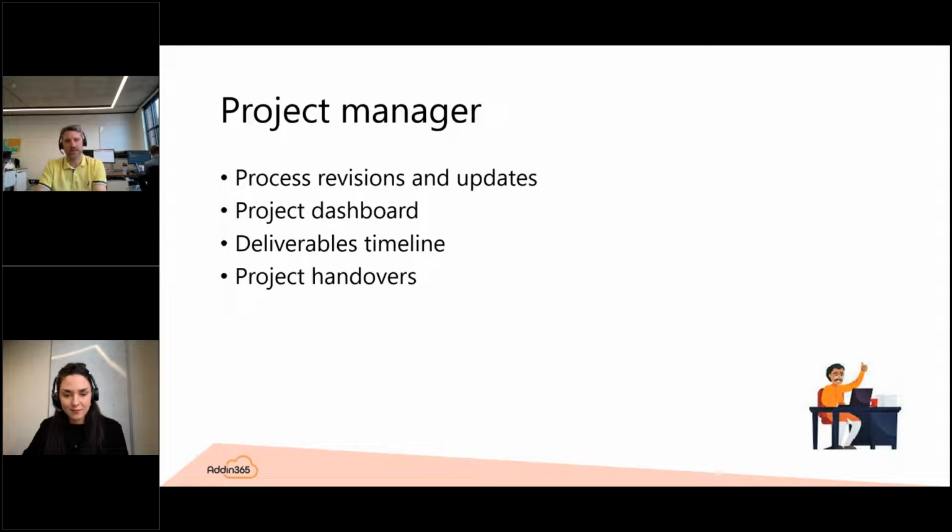There's the local team working on the local package of work, which might be part of a wider program. So they need to understand processes, they need to understand revisions to the process, they need to get those updates as those revisions happen. We need MI brought to us about the project status, so dashboarding things like the RAGs and risk registers, allowing a project manager a snapshot insight into the portfolio that they might be managing, bringing them deliverable timelines.